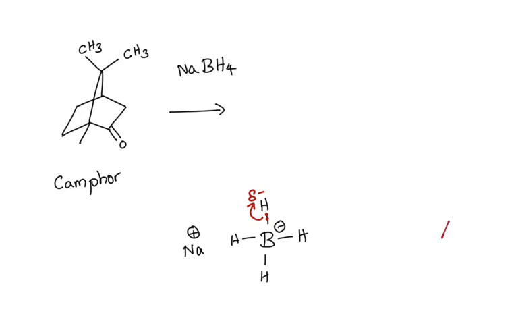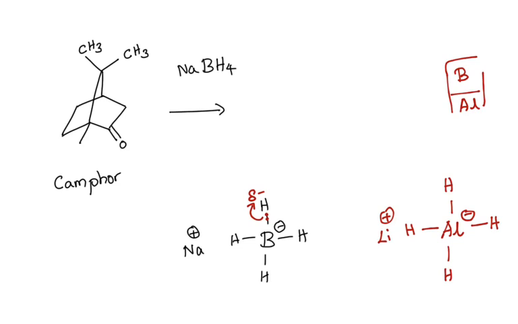You can also use aluminum hydride, which is an even stronger reducing agent, lithium aluminum hydride, right? Boron and aluminum are in the same column in the periodic table, so they behave similarly.